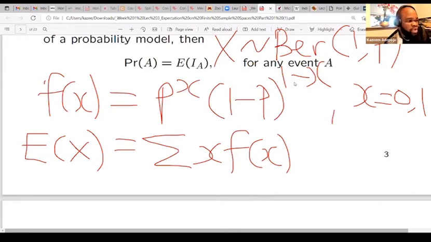But when I'm talking about a continuous random variable, which we will still cover, the summation changes to an integral sign. Right now the expected value of x equals the sum of x f of x because the random variable is discrete; the moment it is continuous, the summation sign changes to an integral sign.